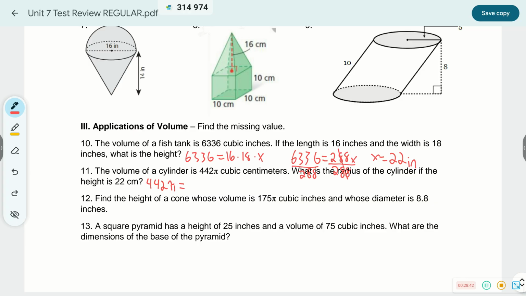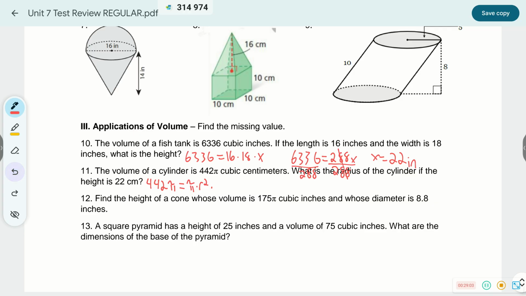The area of a base of a cylinder is pi r squared. So we have pi times radius squared times the length, or the height, which is 22.